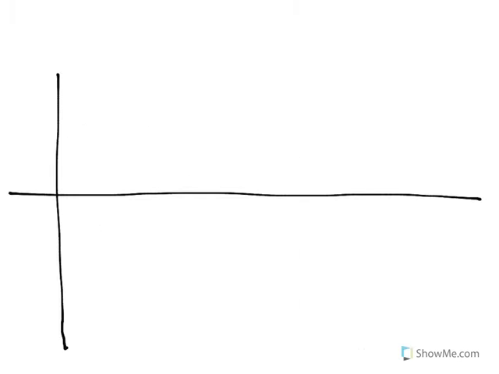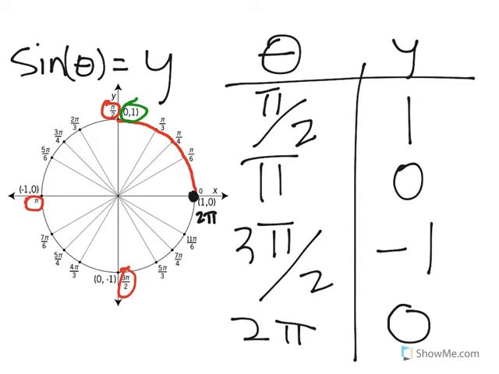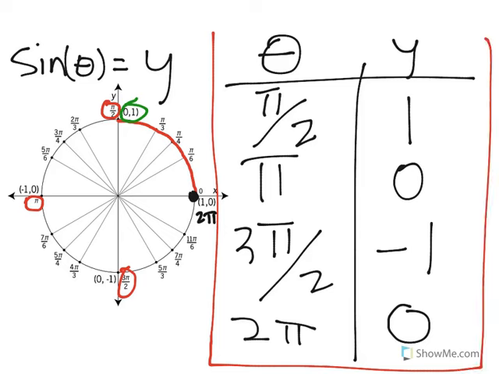Okay, now we're going to graph the function of sine, where the x-axis is represented by theta and the y-axis is represented by the y value, or the sine of theta. If we review the points we found in the last slide, the 4 points of theta we found were pi halves, pi, 3 pi halves, and 2 pi.